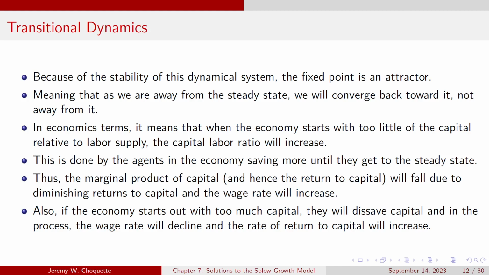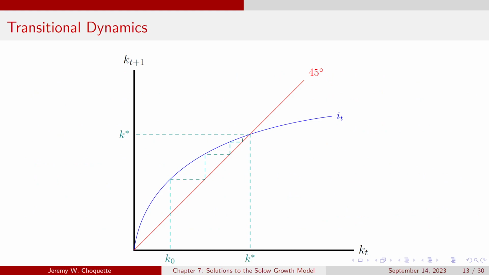As we save more, that marginal product of capital will fall because of diminishing returns to capital, and then we would also see an increase in the wage rate, which isn't explicitly modeled here. If the economy starts out with too much capital, well, then you dissave, which means that you're not saving, and in the process, the wage rate declines, and the rate of return to capital will increase, and thus we would converge back to the steady state.